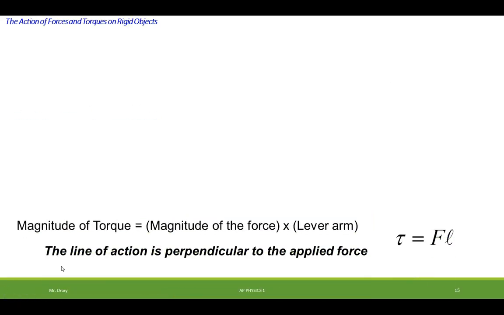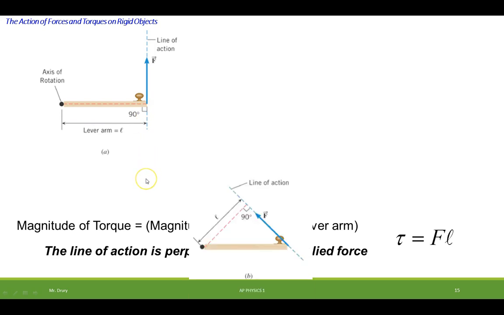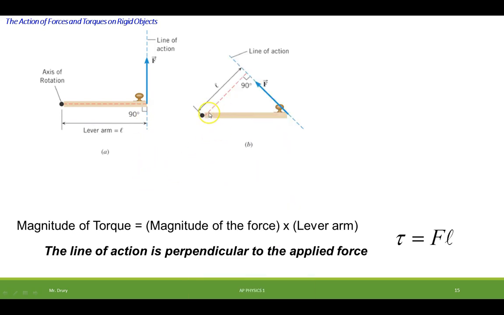All right. Let's talk a little bit more about this line of action idea. Since this force is perpendicular to the axis of rotation, this whole length is the lever arm. But in this case, this distance is the lever arm. So how is that so? How does that actually happen?